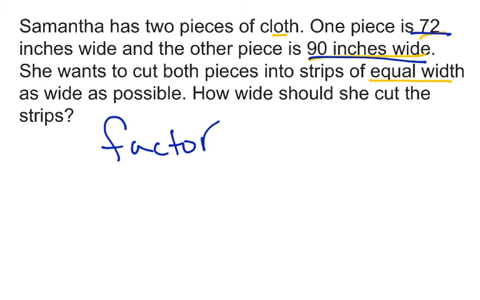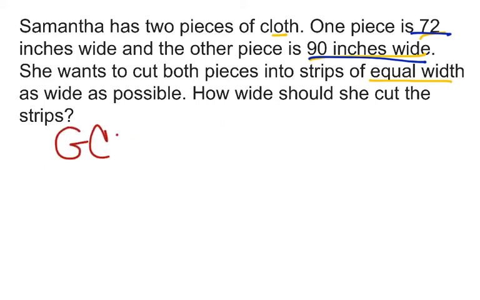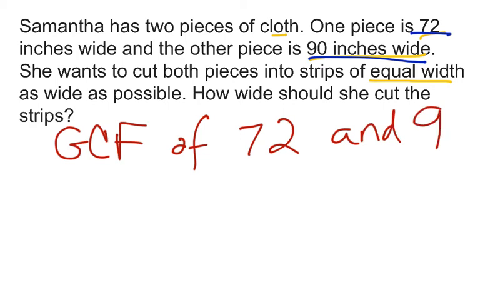So we need to find the greatest common factor. I should actually change the color of these so that I'm consistently being read. So the greatest common factor of 72 and 90. You can do this by listing factors, or you can use a factor tree, which is what I'm going to do. So I'm going to start by factoring 72.